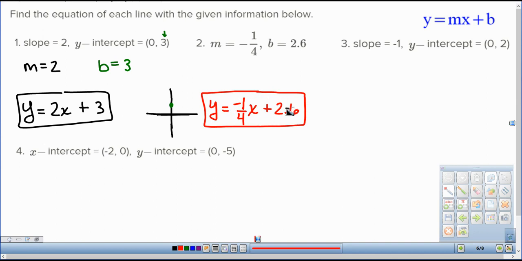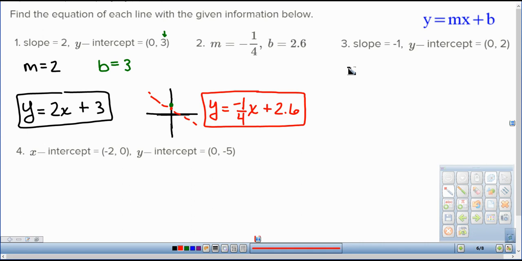And as you look at this equation, I want you to get an idea of what this line looks like. It's going to hit the y-axis about, if that's 3, it's going to hit about right here, 2.6. And then it's going to be a negative slope. So I know it's going in this direction in some fashion. We can talk more about that. The more you do it, the more you'll be able to visualize that.